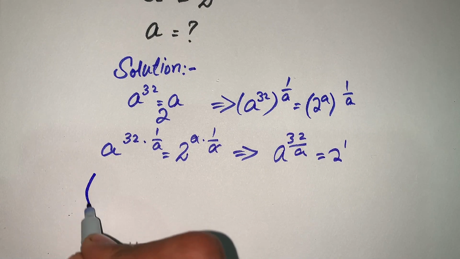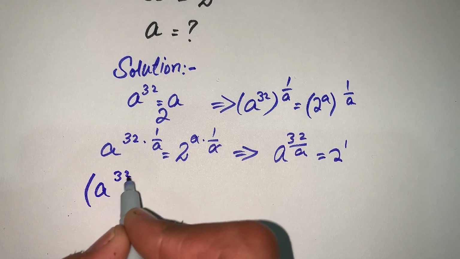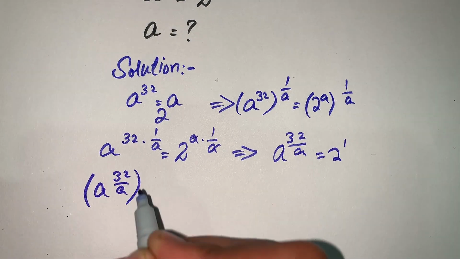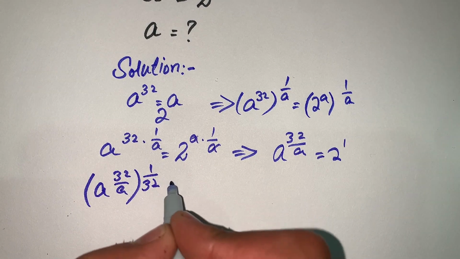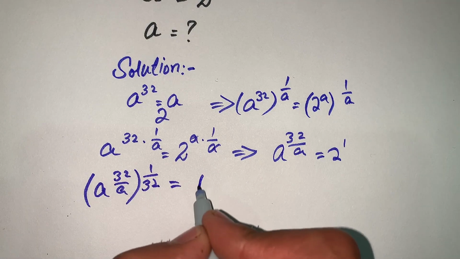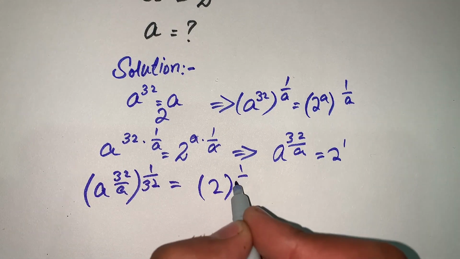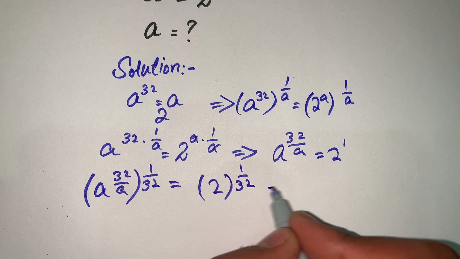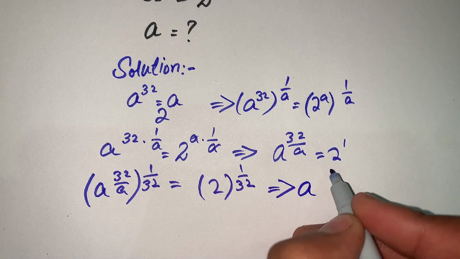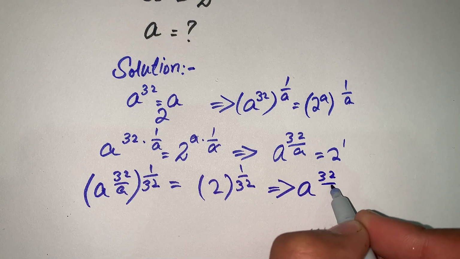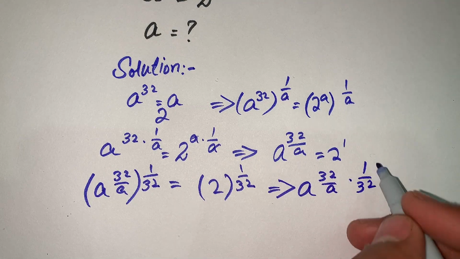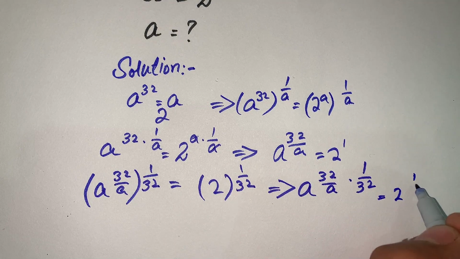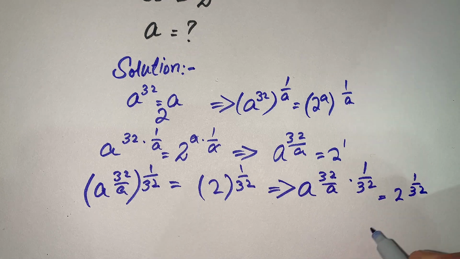In the next step, this will be a to the power 32 divided by 1, a to the power 1 divided by 32, that is equal to 2 to the power 1 divided by 32.